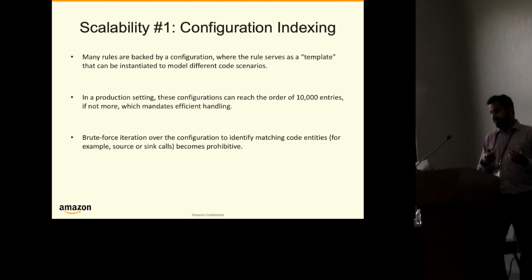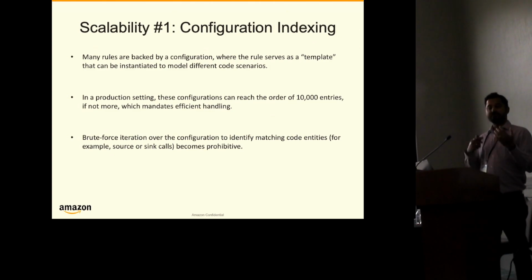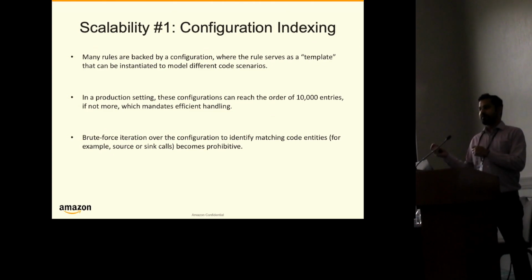In this pagination example, in a production setting, this configuration can reach the order of 10,000 entries. And now we have a challenge where a rule consumes 10,000 entries. How do you optimize a rule like that, which runs on so many entries? And you have to choose one entry among those 10,000 entries dynamically when the rule actually evaluates on an underlying code. So the brute force iteration over the configuration to identify a matching code entity does not work.